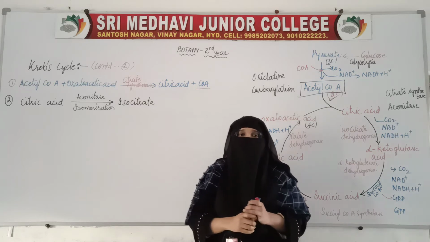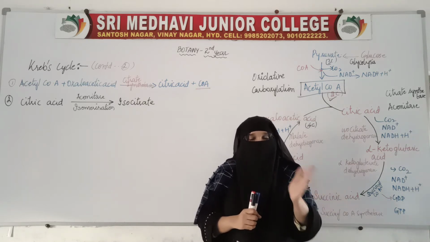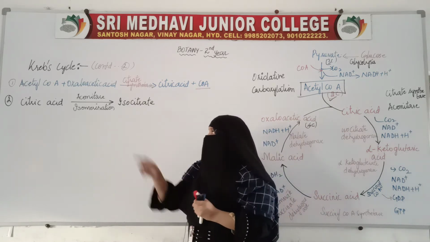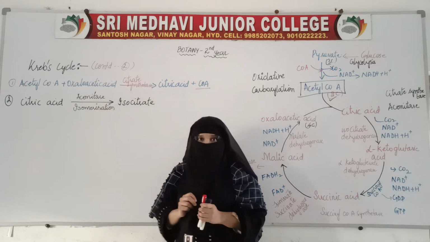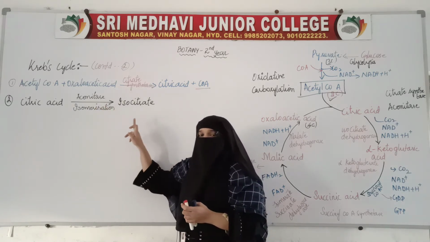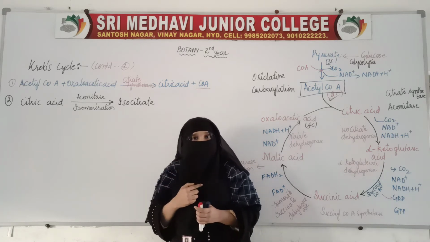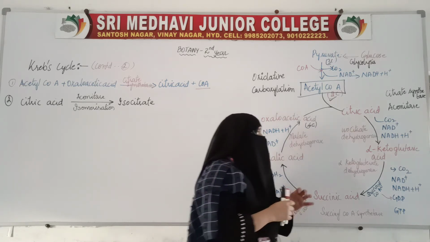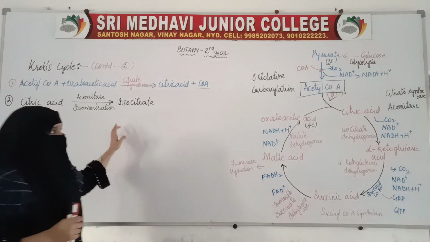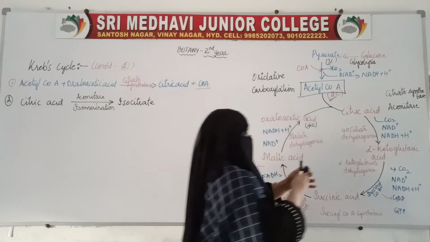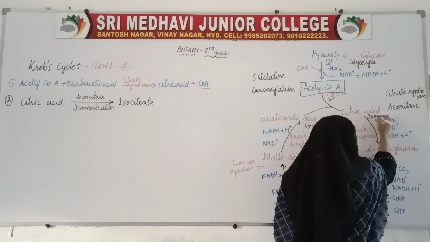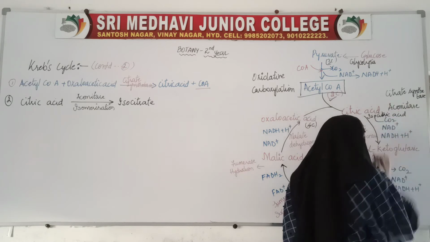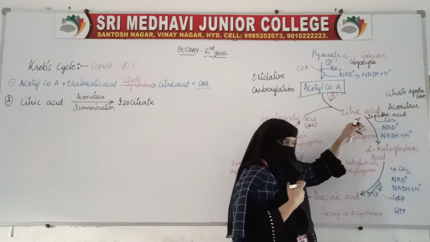So only the citric acid is changing into its isomer, that is isocitrate, with the help of the enzyme aconitase. So which reaction is this? Isomerization reaction. Now this is the second reaction. Citric acid changes into isocitric acid or isocitrate, which is an isomer.